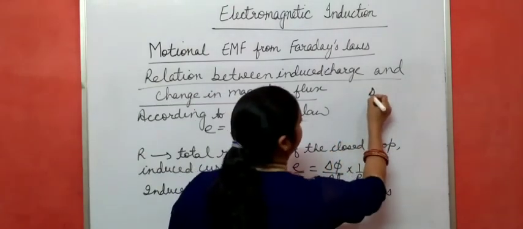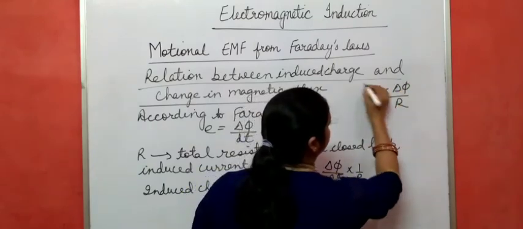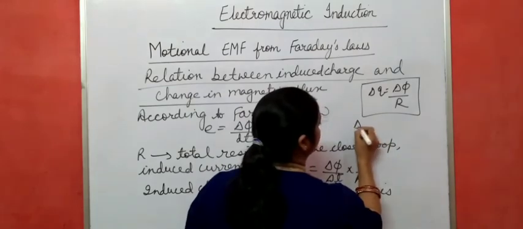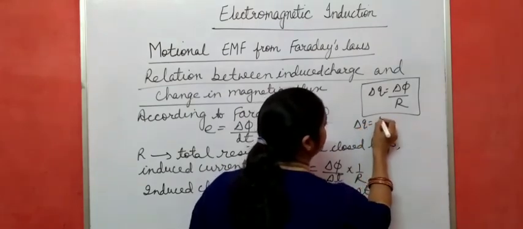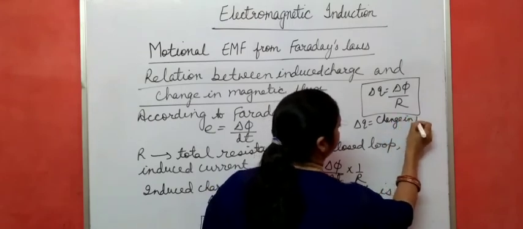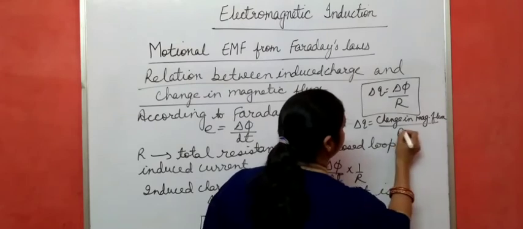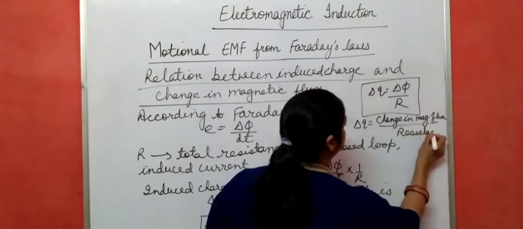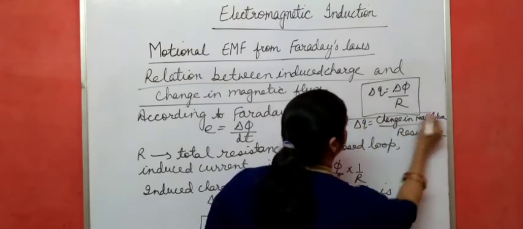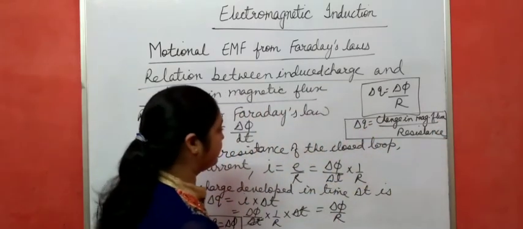So write del Q equals del phi by R. It means the induced charge equals the change in magnetic flux divided by resistance, independent of the time over which the flux change takes place.